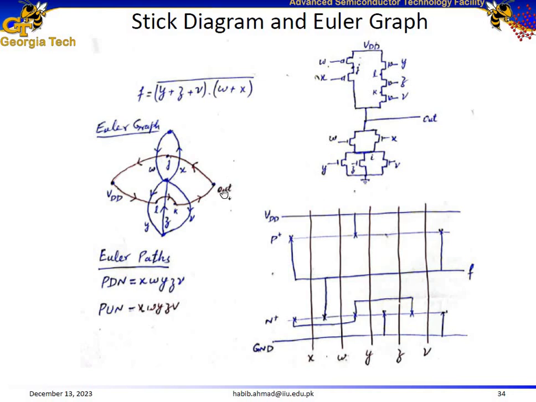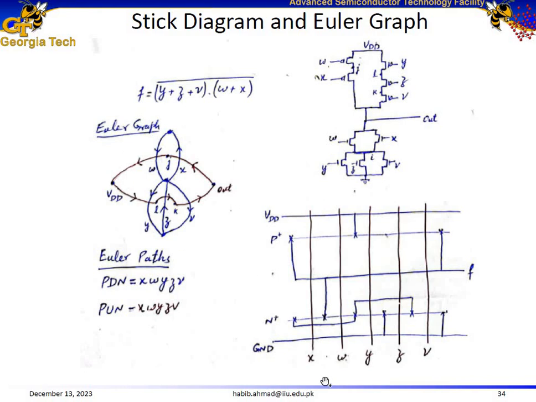I mean, this is the same solution, but we can find other Euler paths as well. Like for example, w x y z v works for the pull down network, and w x y z v works. Okay, the first Euler path works, so let us focus on that.